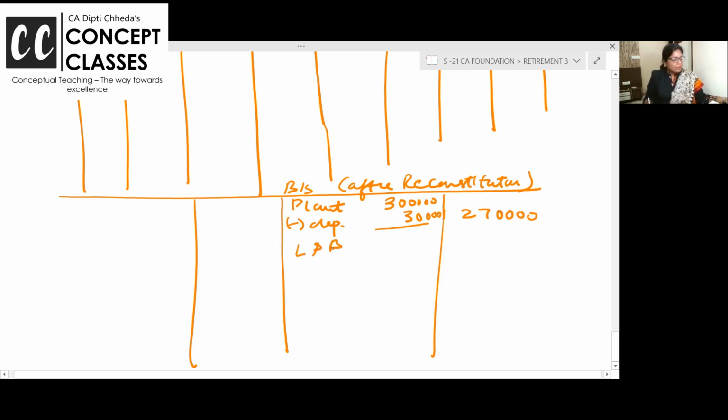Land value is 5,30,000. Appreciate the land value to 6 lakhs. So 70,000 से land की value बढ़ा दो, 6 lakh.